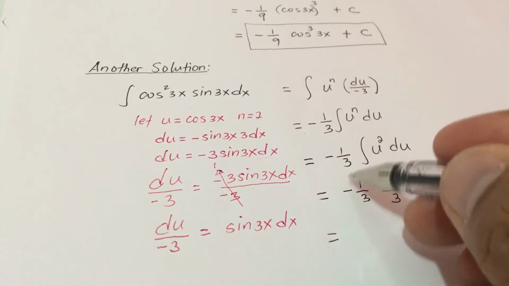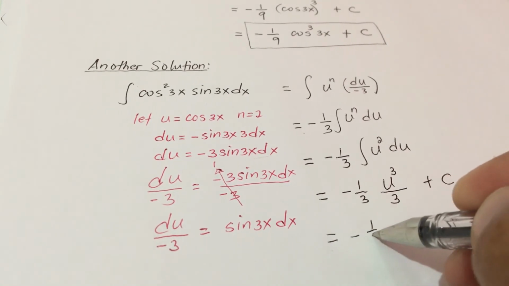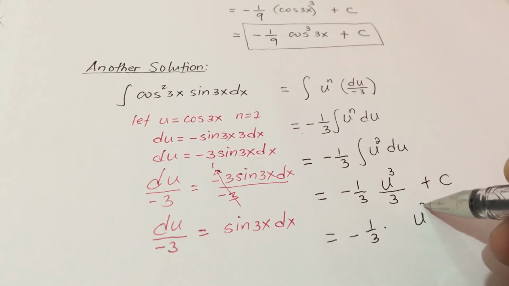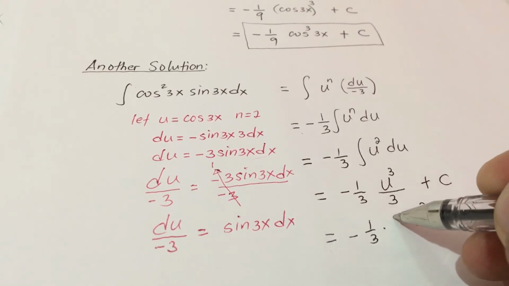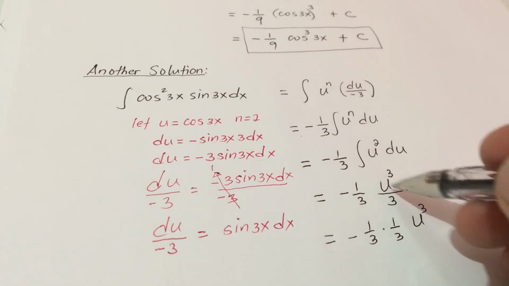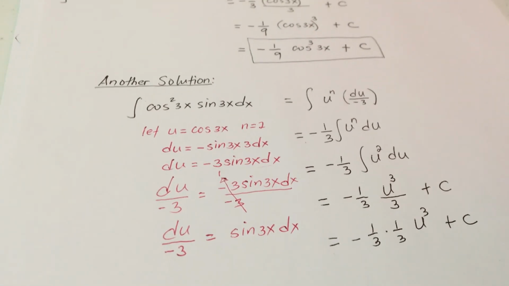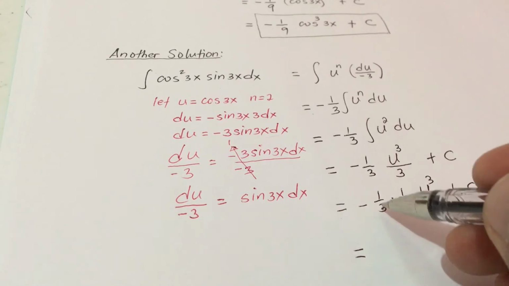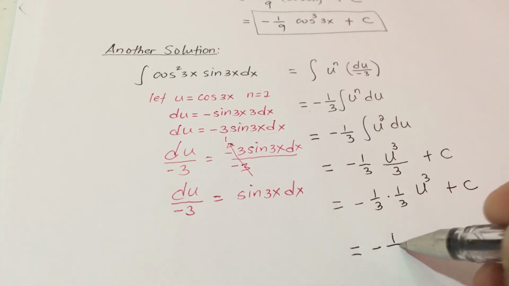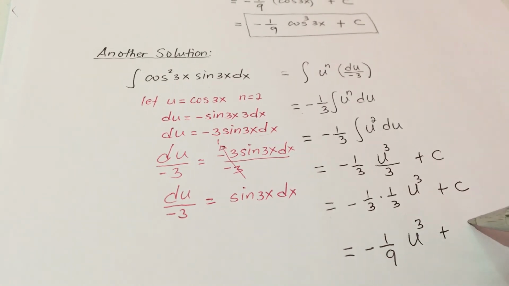So minus 1/3 times u cube over 3, then plus c, or equal to 1/3 times 1/3 is negative, so this is minus 1/9 times u cube plus c.